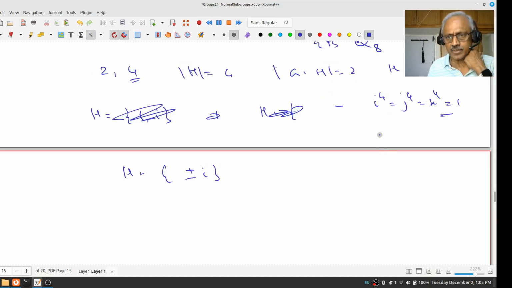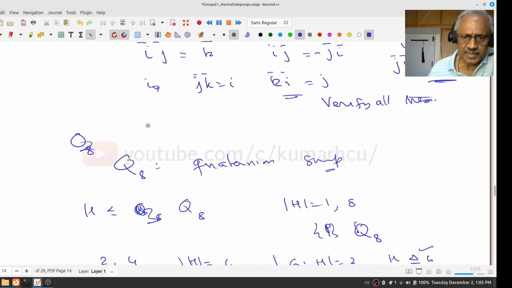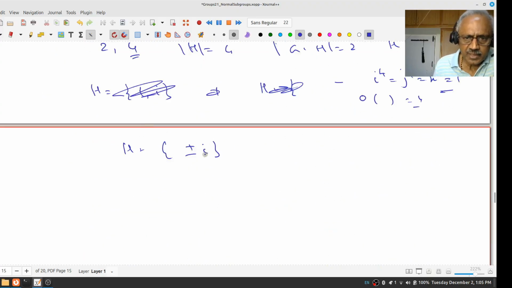Therefore they are all elements of order 4. So if it's a subgroup of order 2, then there are only two elements which will have that property, namely plus or minus 1.